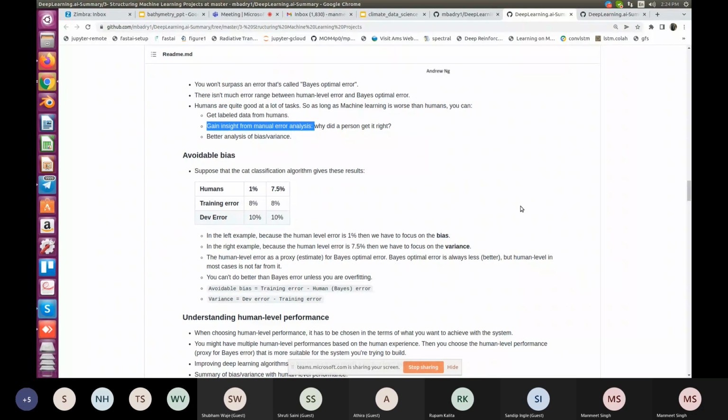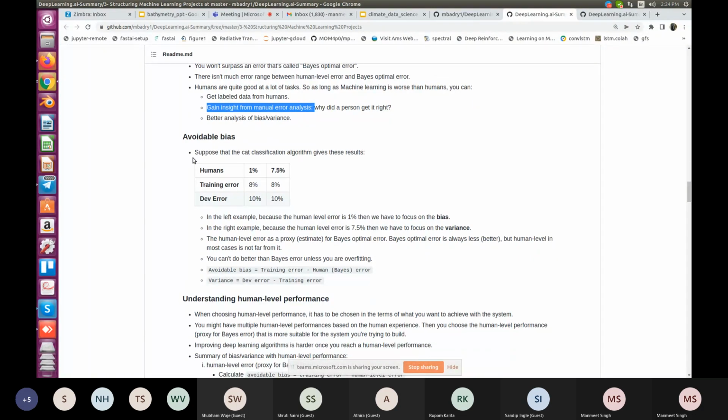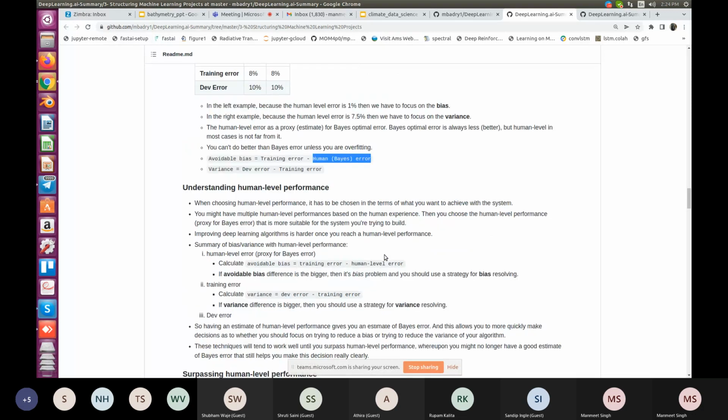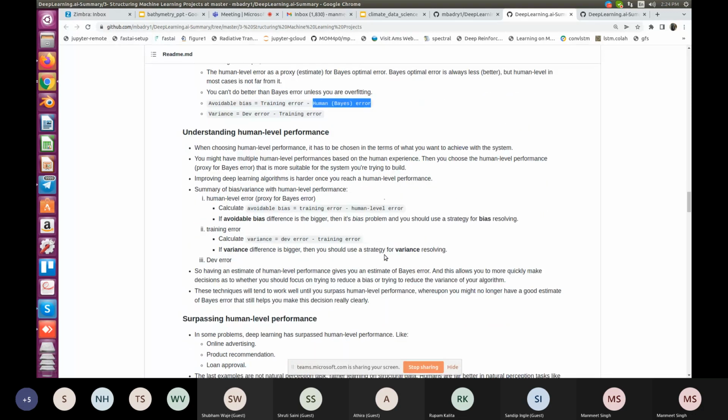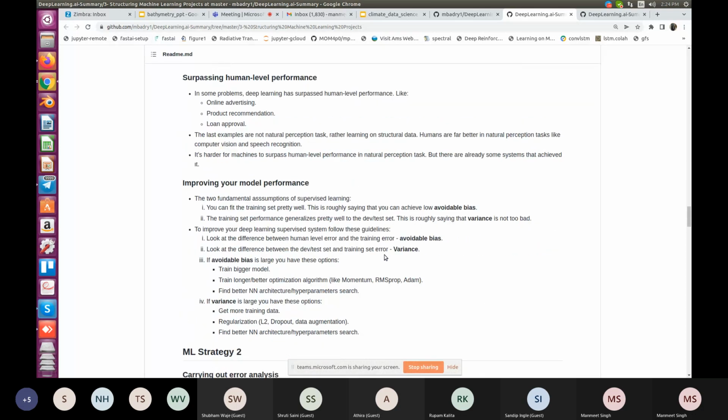There is some of the bias which can be avoided. That's what we call the avoidable bias, and that is equal to the training error minus the human or the base error. These are going into too much detail in the computer vision community, so we'll skip these things.